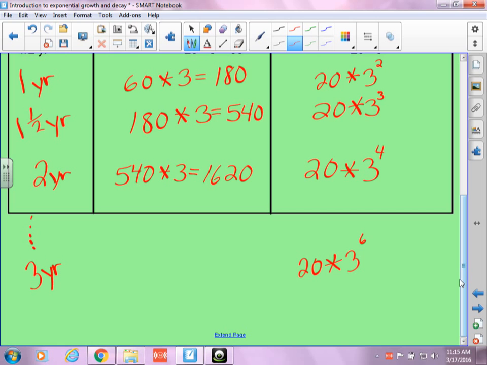That's correct. So 4 plus 2 is 6. Go ahead and do that. How many bunnies do I have? 14,580. Wow, that's a lot of little bunny rabbits, right?